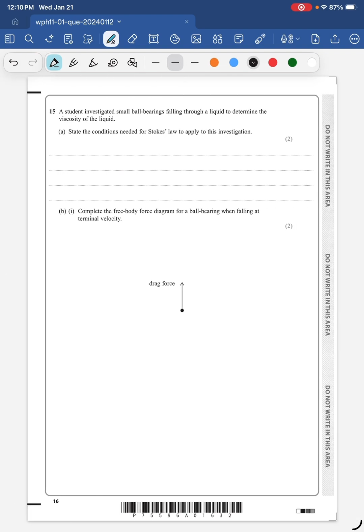Okay, question 15. A student investigated small ball bearings falling through a liquid to determine the viscosity of the liquid. State the conditions needed for Stokes' law to apply to this investigation. Okay, Stokes' law assumes laminar flow, right?